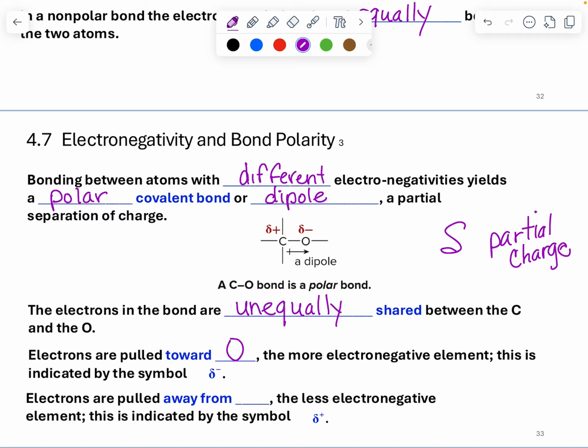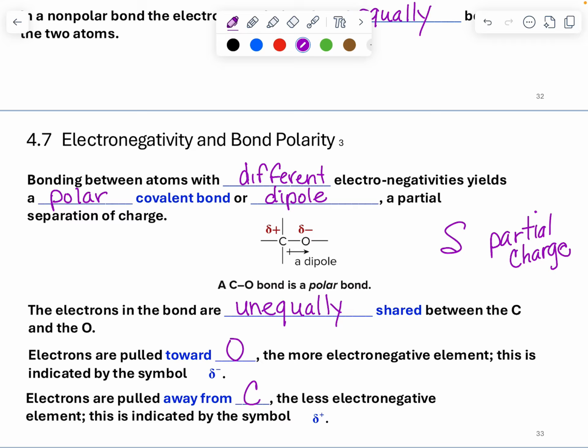So in this case, because oxygen has a higher electronegativity than carbon, substantially higher, the electrons in the bond are pulled closer to oxygen, and that gives oxygen a slightly negative charge. As the electrons are pulled away from carbon in this case, the less electronegative element, this is indicated by the slightly positive symbol.